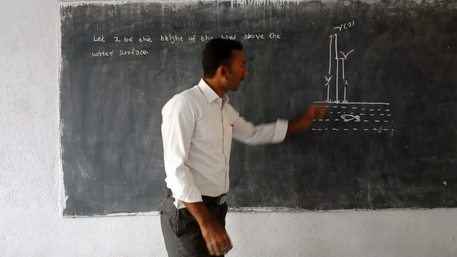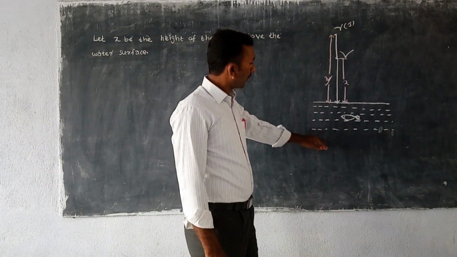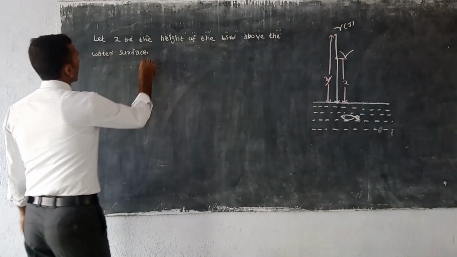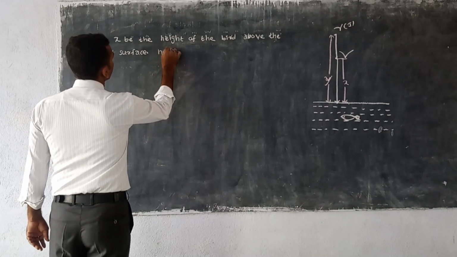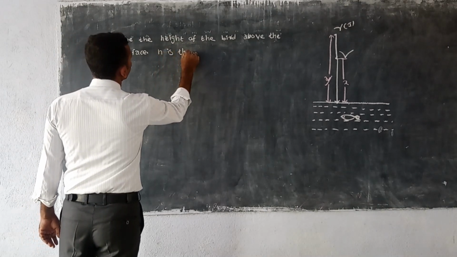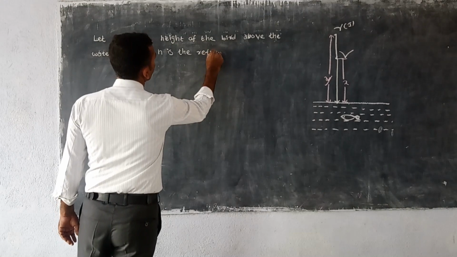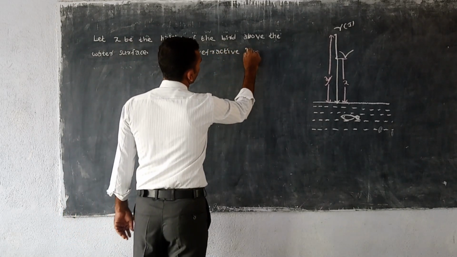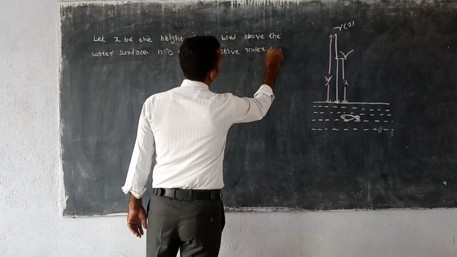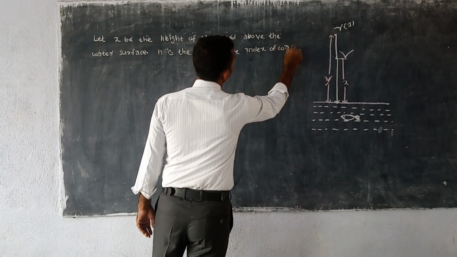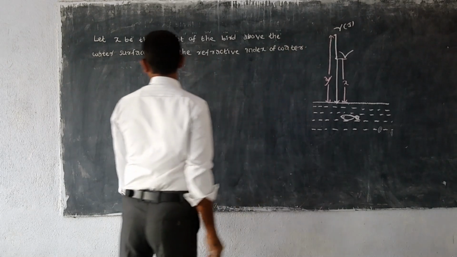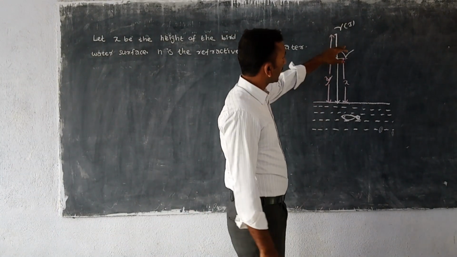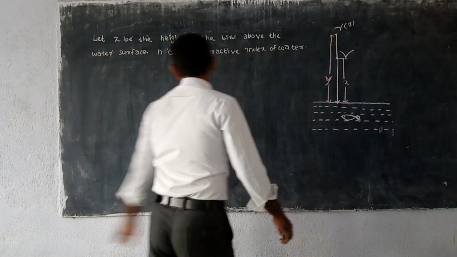Now the refractive indices. How many media do we have here? Two media: water and air. Let n be the refractive index of water. The other medium is air, since the bird is coming from the air. The refractive index of air is N1, and it is always 1.